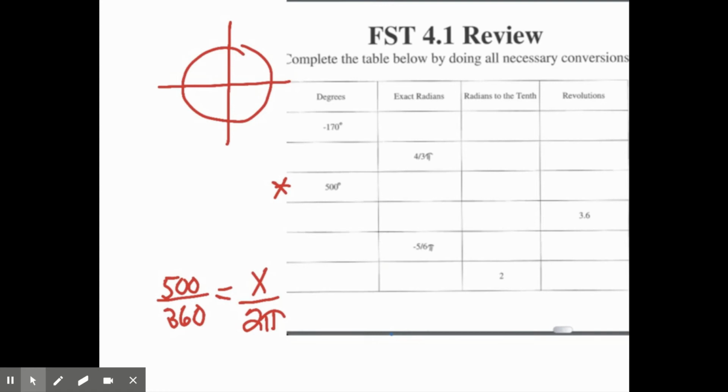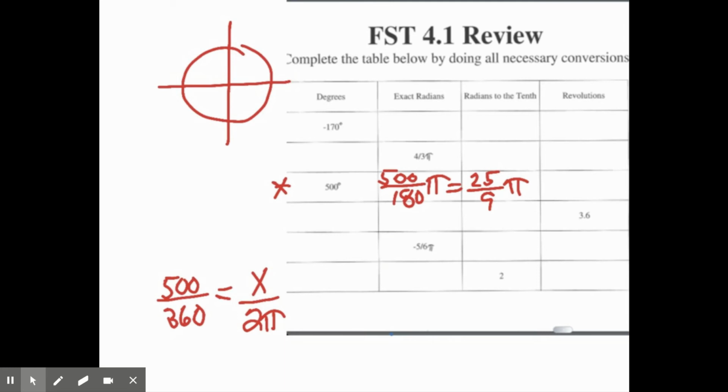And what you're going to end up getting when you do that, it will simplify to, I'm sorry, 500 over 180 pi, which actually further simplifies to 25 ninths pi, and that would be the exact radians. Now, I kept this written out as 500 over 180 pi because of this reason.